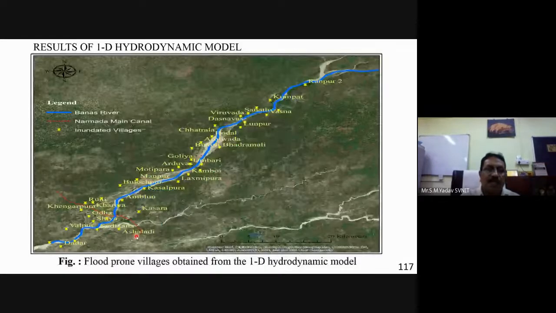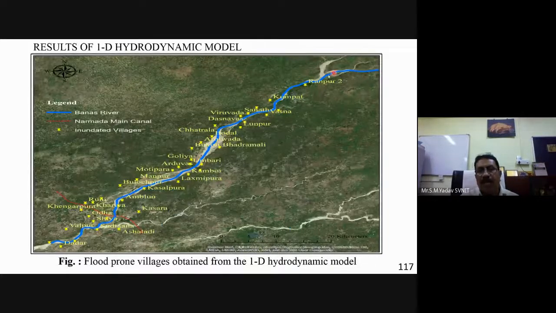These are the number of villages. This is the Narmada Main Canal, which is passing perpendicular to it, and all these villages we have surveyed, and the actual depth in these particular villages has been compared with the simulated depth of water from the 1D model.